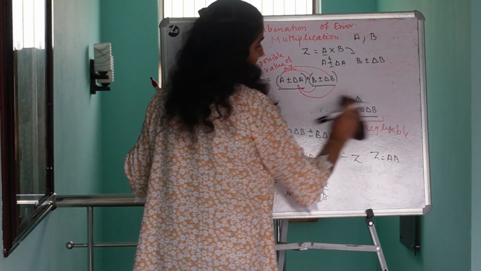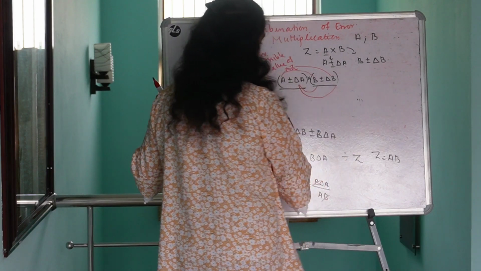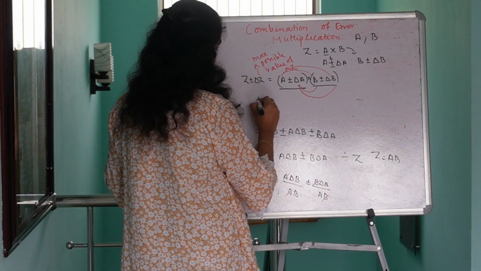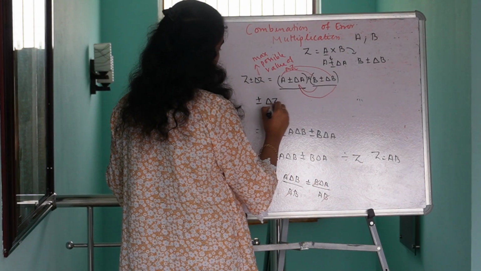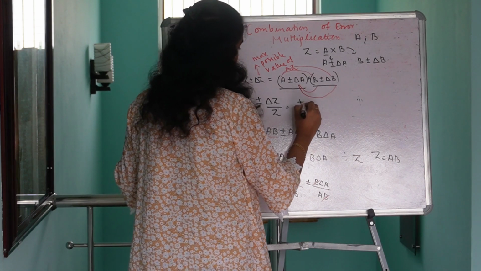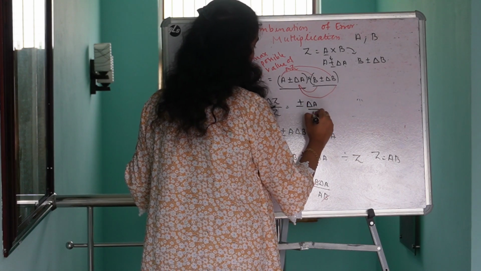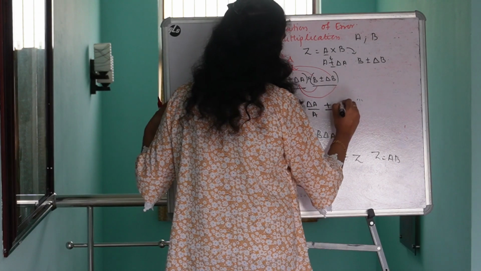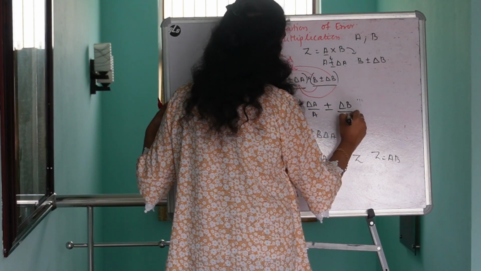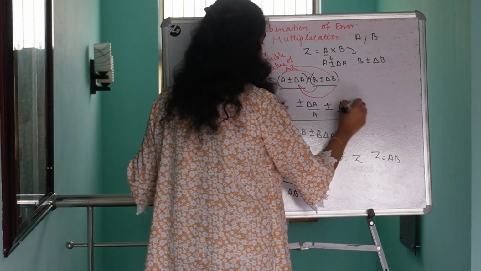Let me rub this. I am going to write here, we got the value as plus or minus del Z by Z is equal to plus or minus del A by A plus or minus del B by B. Is it clear, guys?